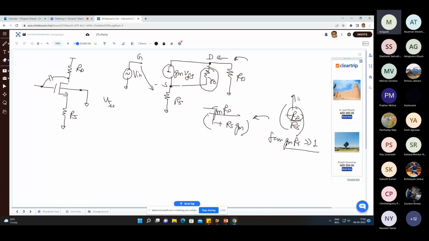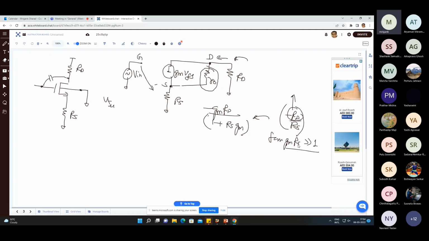Therefore, although there is some dependency on temperature over here, we are talking about the ratio, and remember, when we talk about matched resistors, if you want a good ratio, just like we have the matching layout for the transistors, common centroid layout, we can also do common centroid layout for RD and RS, and that will ensure even better matching. And then we can aim for a more deterministic gain. And then the condition is that GM RS must be greater than 1.